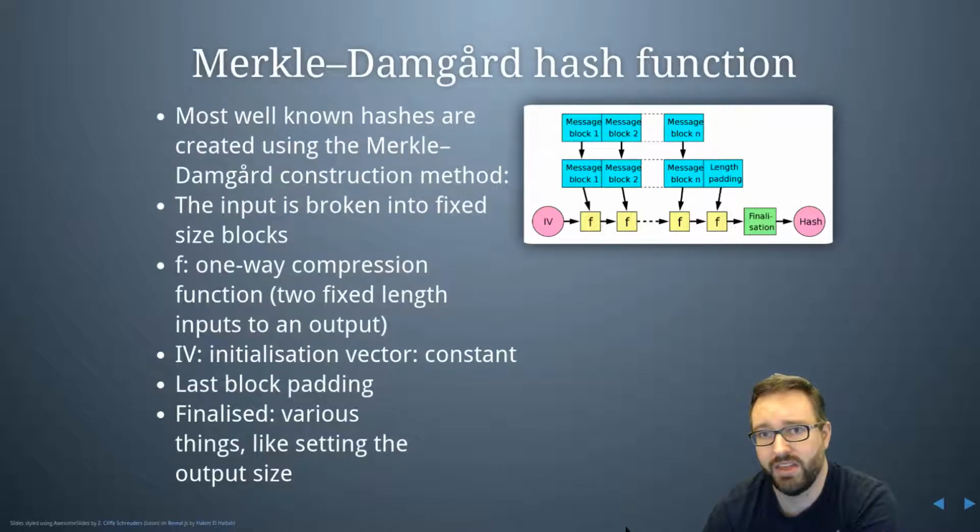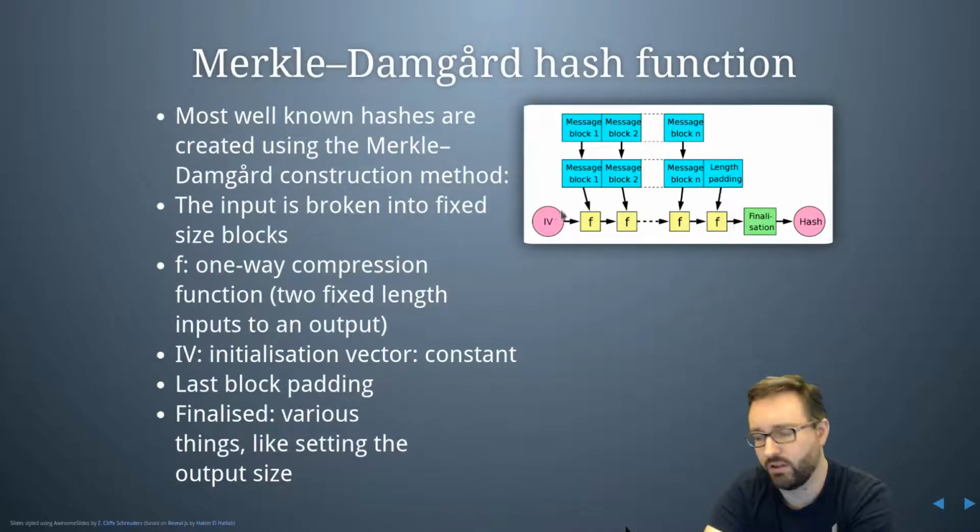Most of the hashes that we use are constructed using what's known as the Merkle-Damgard construction method, and it works like this. This diagram's quite good at explaining it. We have our input, for example our password, and we break that down into specific size blocks. We feed that through the function that's doing the actual encoding.